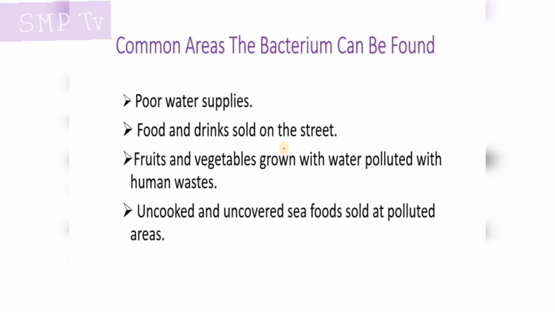You can see that most of the food we buy in town is normally located at the edge of a gutter. Most of our restaurants and shops are located at the edge of a gutter. So if the gutter is not well maintained, it will surely breed this bacterium, and people will be affected whenever it rains or there is any flood.